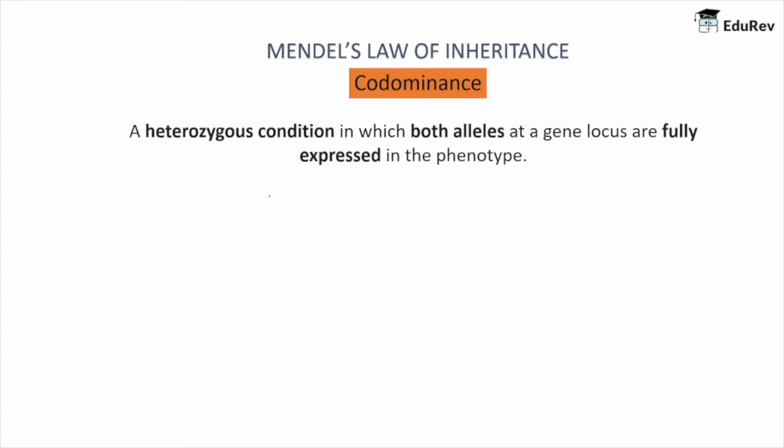Codominance is a heterozygous condition. I am repeating time and again that we are only talking about the heterozygous condition and not homozygous, because the exceptions, the conditions we are studying, are not applicable on homozygous conditions, but only on heterozygous conditions, in which both alleles at a gene locus are fully expressed in the phenotype.